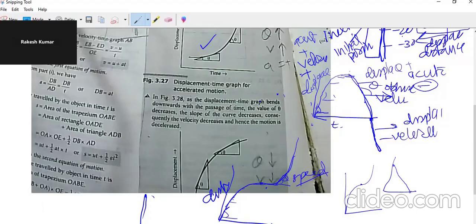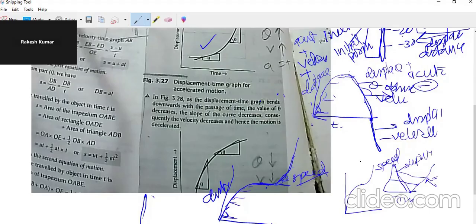It becomes zero and then it increases. This will be the speed time graph. It can't be negative. That's why the slope here, this is the slope. It is first decreasing, becoming zero, then the slope is again increasing. So the speed is again increasing. So this is the upward journey, and this is the downward journey.